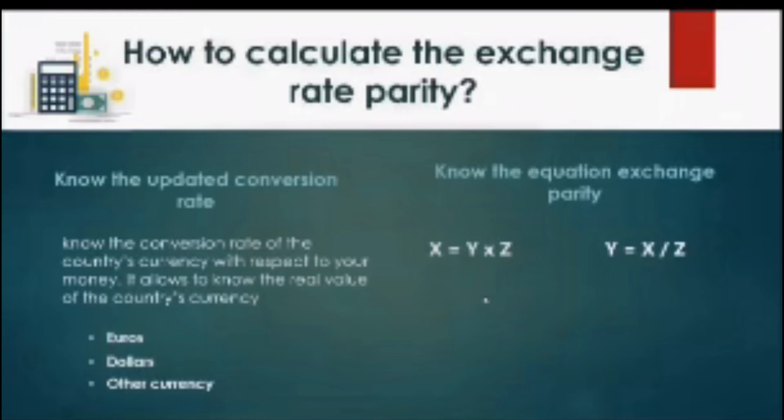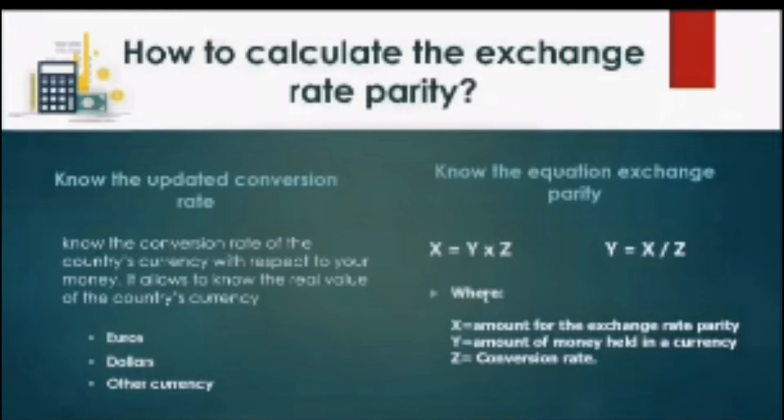In this equation, Y is the amount of money that we have in a currency, Z is the conversion rate, and X is the amount of money that we will get for the exchange rate.